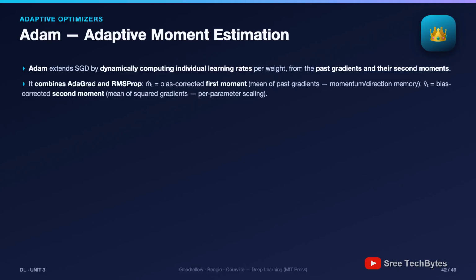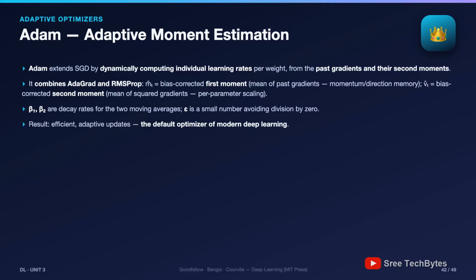The second moment, v-hat, a moving average of squared gradients, the per-parameter scale: the Adagrad idea with a decaying memory. The update on screen: theta minus eta times m-hat divided by root v-hat plus epsilon. Read it as: the numerator says where to go, the average direction; the denominator says HOW FAR, per parameter. Momentum plus adaptivity in one line.